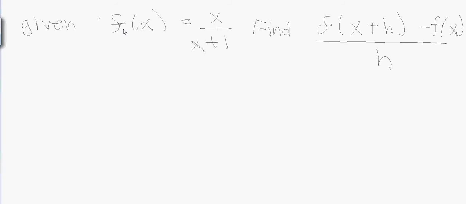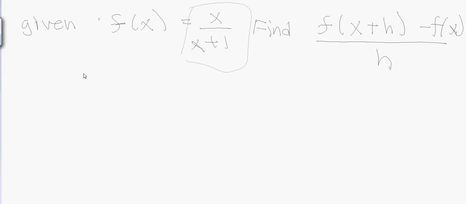Okay, so f of x is defined as the fraction x over x plus 1, right? So if you want to find f of x plus h, you're going to essentially, for every x, plug in x plus h.